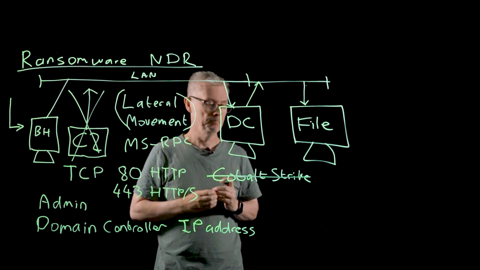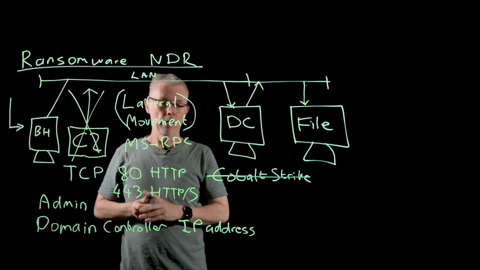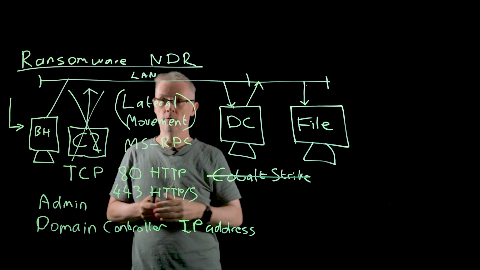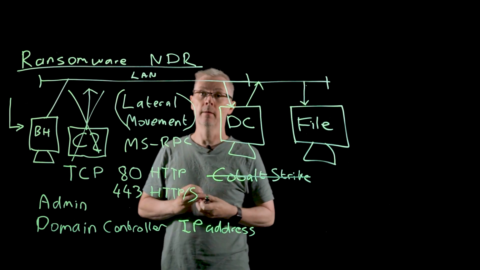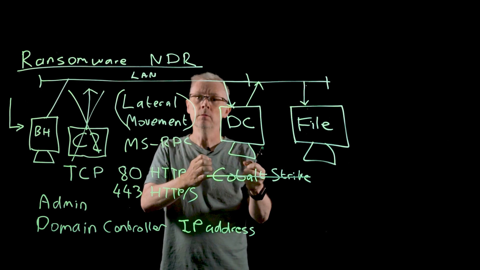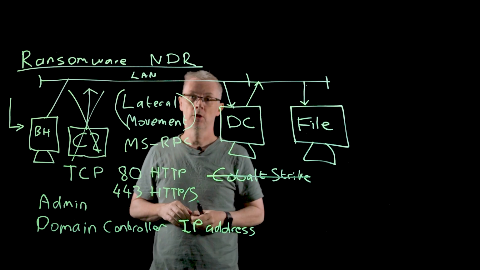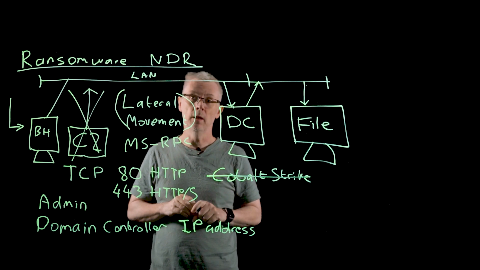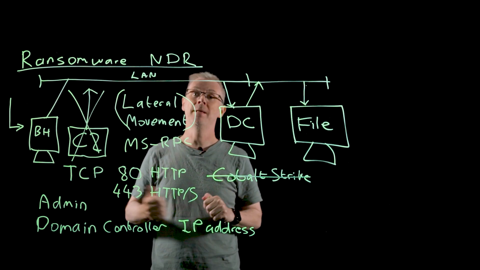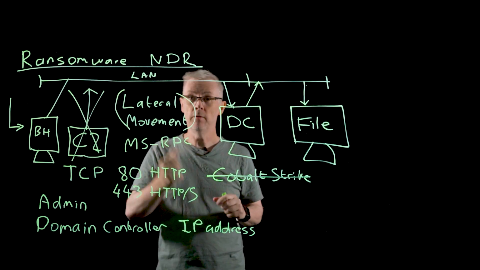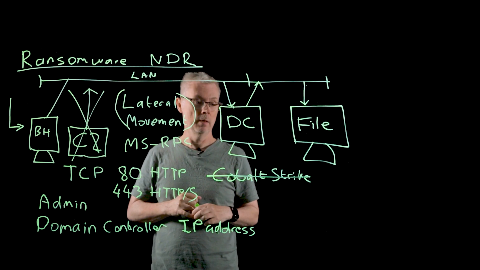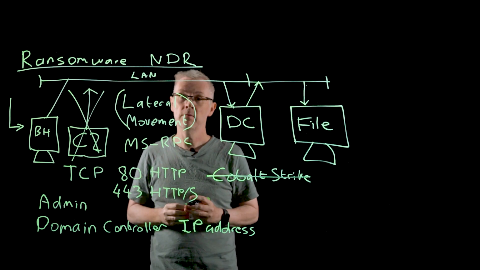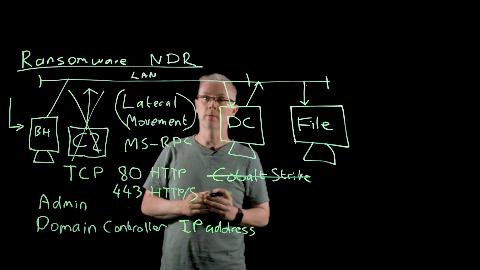Now, interestingly enough, a lot of the time the threat actors don't just use tools like Cobalt Strike, which is useful for sending commands to these systems, but sometimes they will also actually download remote management tools. And very often these remote management tools are ordinary, standard out-of-the-box tools that we might use.